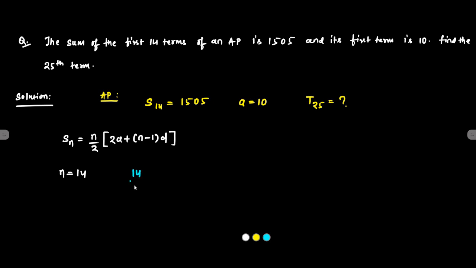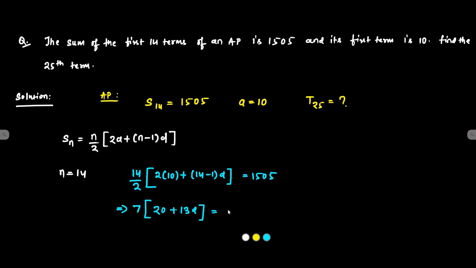14 by 2, a is equal to 10, [2 into 10 plus (14 minus 1) into d] is equal to 1505. Okay, we have to find out the value of the common difference. That implies 7 [20 plus 13d] is equal to 1505.